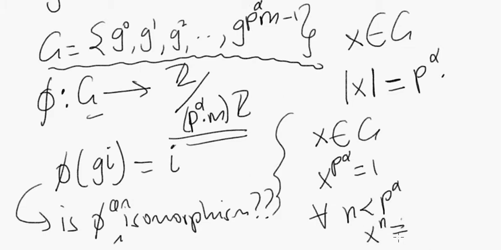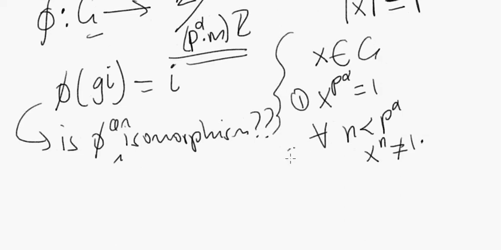Would this be enough to prove that the smallest power, which when X is raised to that power gives us the identity, is P to the alpha? So suppose we prove that there is some X such that X to the P to the alpha equals 1, and we also prove that anything smaller than P to the alpha, when you raise X to that power, you don't get the identity. So let's try those two approaches.